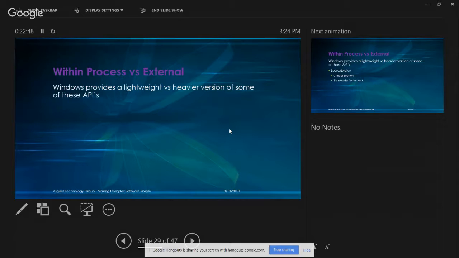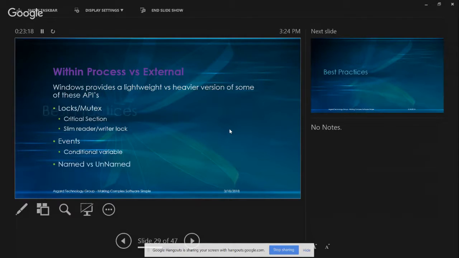So you pay more in terms of performance, but you can conceivably have an event fired from one machine that is signaled and accepted by a thread in another machine, which is nice if you eventually get to the point where you have to spread across machines to get work done. So basically all of these things, they've got heavier and lighter versions.